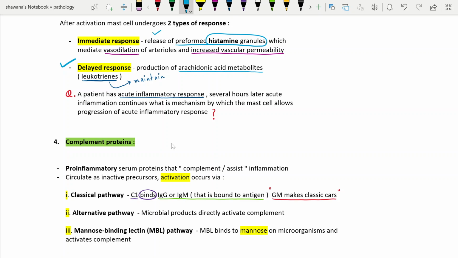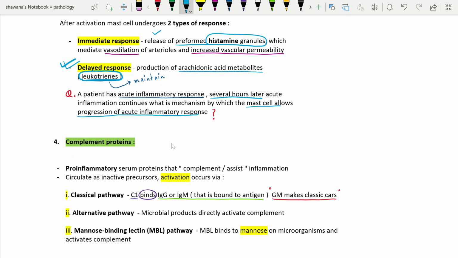Let's see a clinical vignette: if a patient has an acute inflammatory response and several hours later, acute inflammation continues, what is the mechanism by which mast cells allow the progression of the acute inflammatory response? It's the delayed response of mast cells, due to the production of arachidonic acid metabolites, i.e. leukotrienes. Leukotrienes maintain the inflammatory response after several hours.